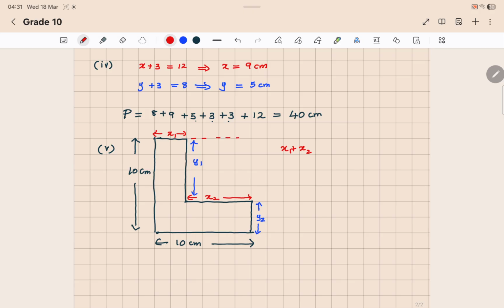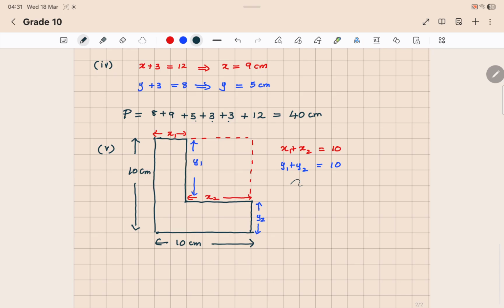If I just move x2 to here, you get the same length as 10 centimeters. x1 plus x2 is 10. Similarly, if I move y1 to here, y1 plus y2 is also equal to 10.